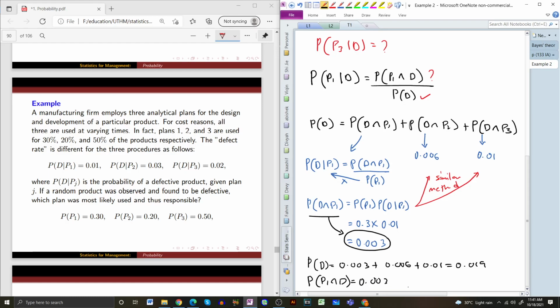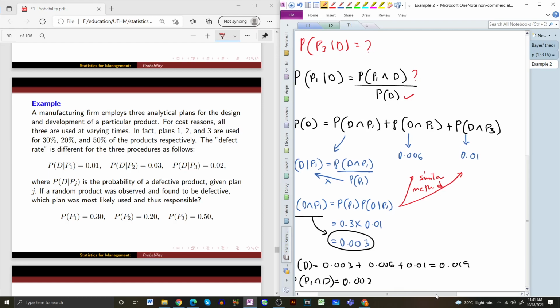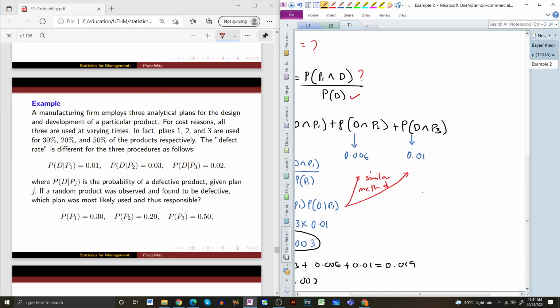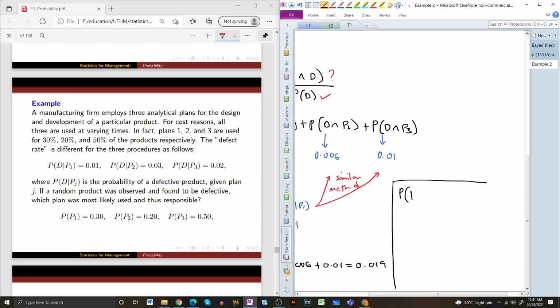So if I want to put the value, this is the probability that it is defective but from plan 1.